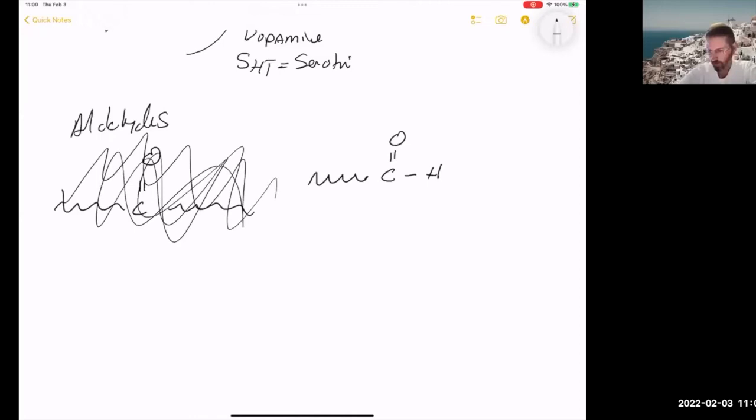A toxic example, since this is a pathophysiology class, is formaldehyde. That's carbon double bonded to an oxygen, and then a hydrogen and a hydrogen.